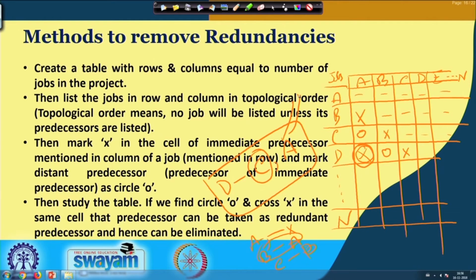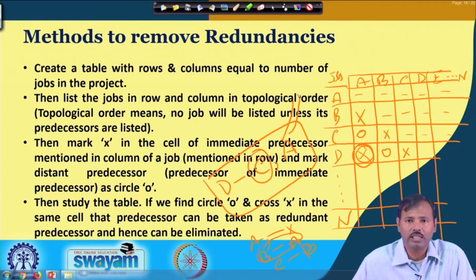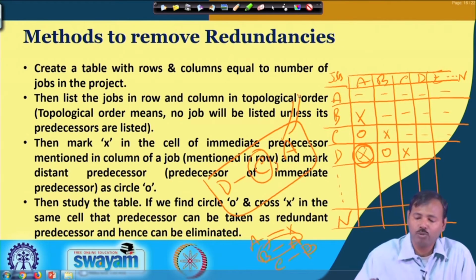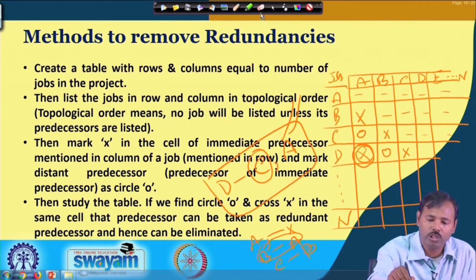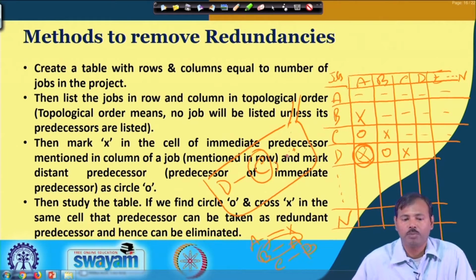Though it is understood that the result of A is essentially required in D, the time requirement of manufacturing that one is already taken into the network at the first point, as job A is already there. So, the distant predecessor is already complete as A, and that is why it cannot be mentioned as the immediate predecessor here. So, we have to remove A from the table as the immediate predecessor of D.